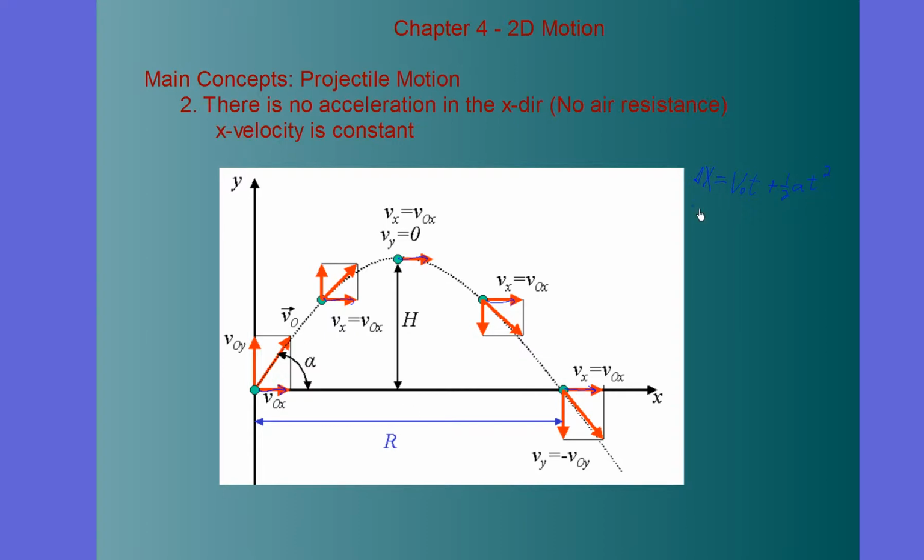For constant velocity, there's no acceleration, so this term goes bye-bye, and delta x equals v naught t. This is another way of writing v equals d over t. Here's our v, here's our d, and here's our t. So we can just use this simple equation, and it makes our x givens much easier to deal with.